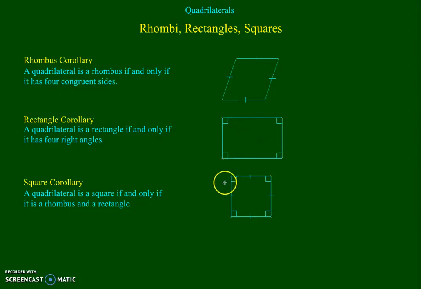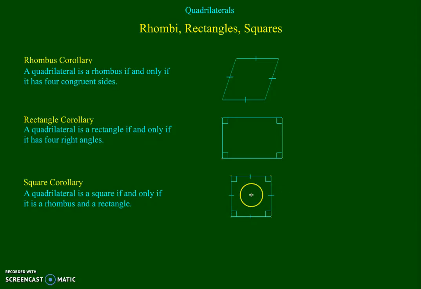And as we stated earlier, the square corollary: a quadrilateral is a square if and only if it is a rhombus and a rectangle, because a square inherits all the properties of rhombi and rectangles. We know that this must be a parallelogram, and it's a parallelogram with 4 right angles and 4 congruent sides.